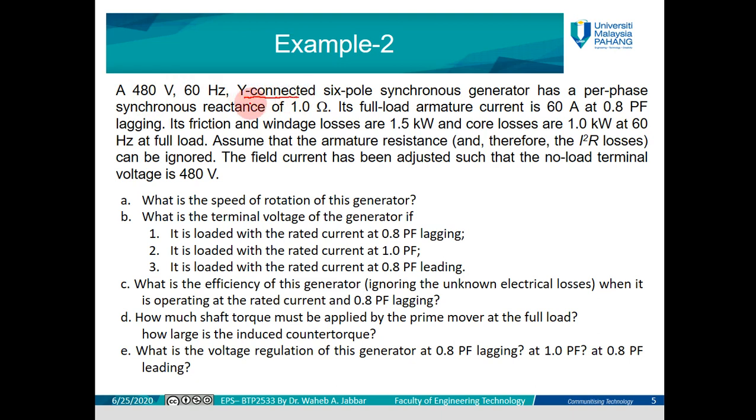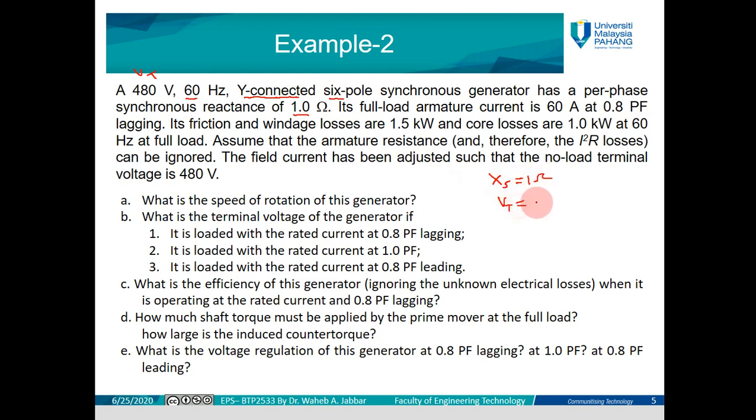So it is Y connected. It has 6 poles, and the frequency is 60. The value of the terminal voltage, VT, equals 480. The synchronous reactance, the value of XS, equals 1 ohm.